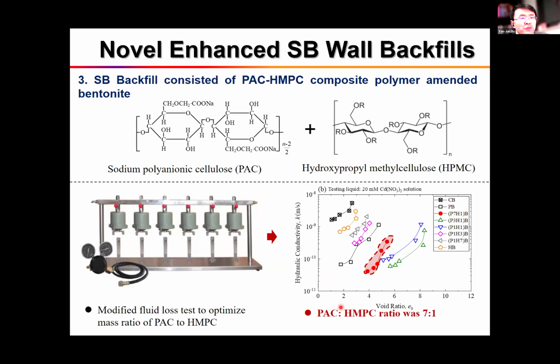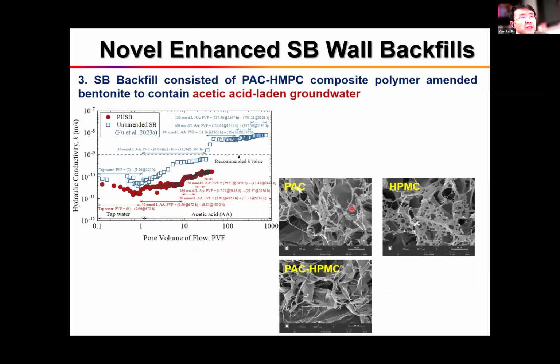So the PAC to HPMC ratio was finally optimized. We use that optimized ratio to amend the bentonite. Again, we use amended bentonite and the sand to make up the SB backfill.